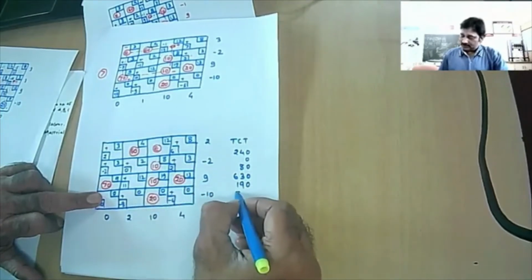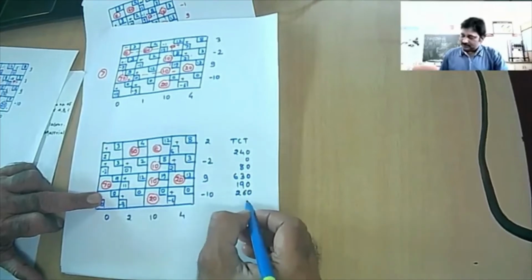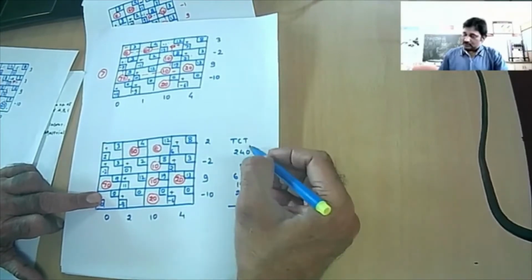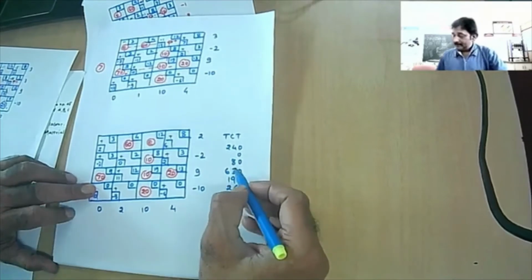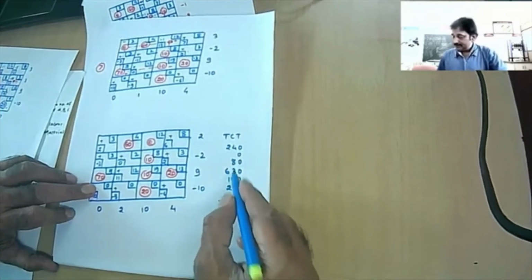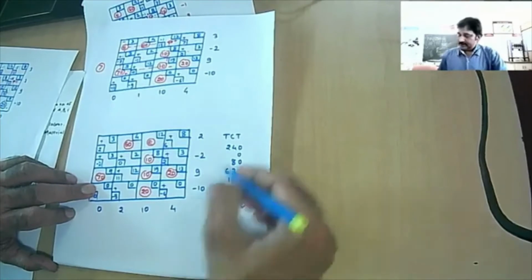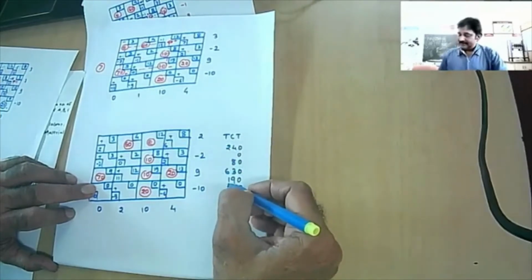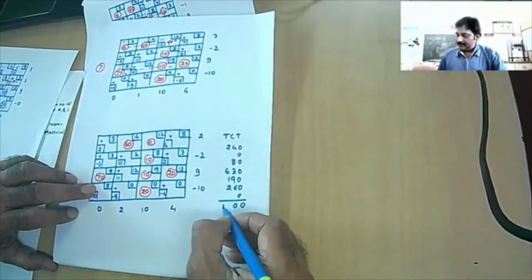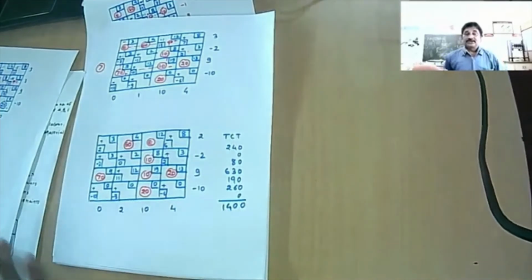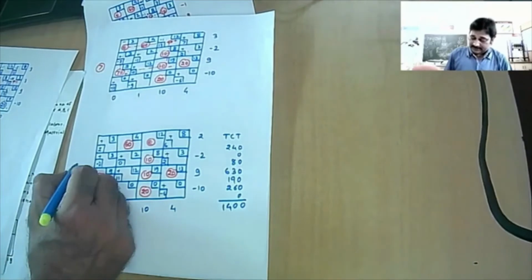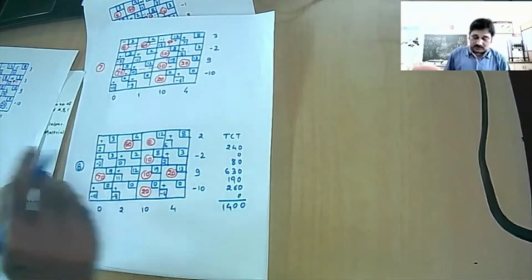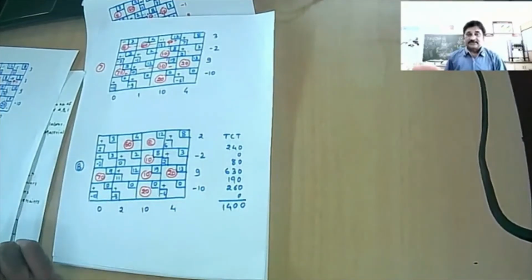Then 260 and 20 into 0, 0. Total comes out to be 1400. This is the minimum cost of transportation, and for getting that, we were required to go through 8 iterations.